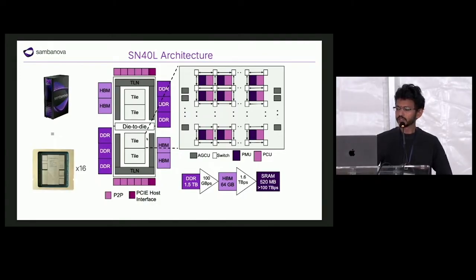The tiles themselves have what we call PCUs and PMUs. PCUs are pattern compute units, and PMUs are pattern memory units. These units are formed in a mesh, and they form the basis of Dataflow, which we'll touch on later.